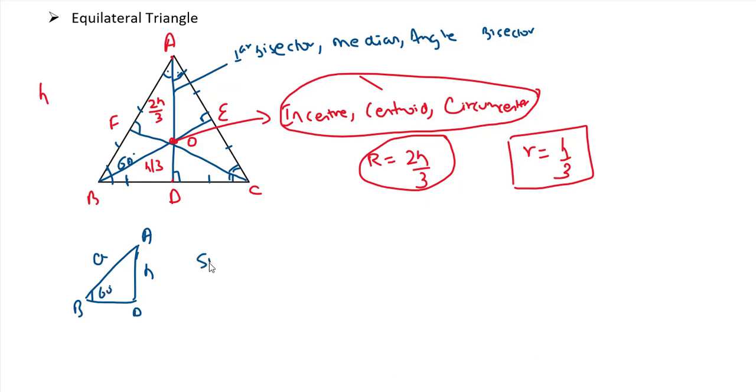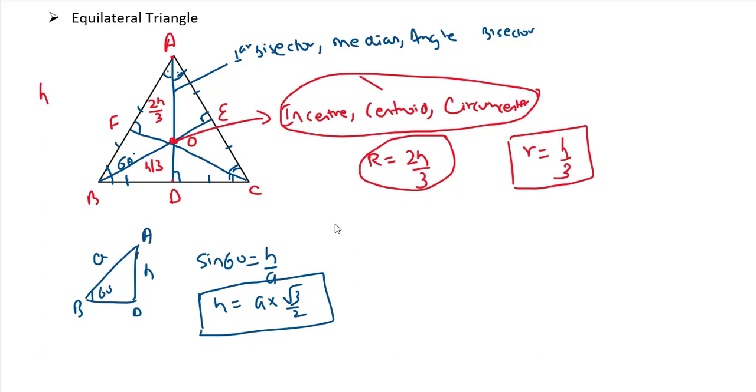If we use sine 60, which is equal to opposite upon hypotenuse, this will be h upon A. So from here we get h is equal to A into sine 60, which is root 3 by 2. So your height is root 3 by 2 times A, where A is the side of the triangle.